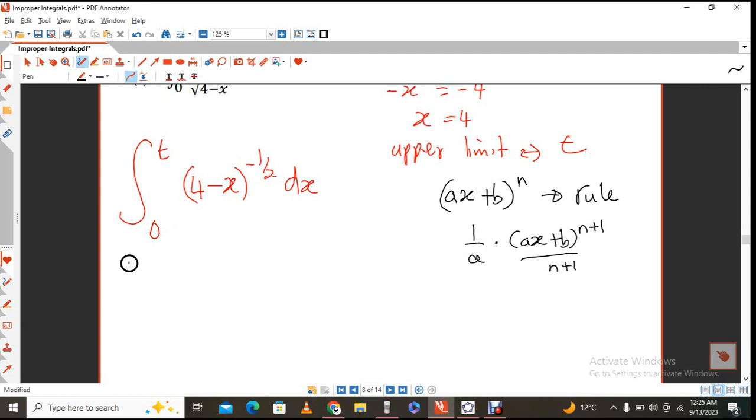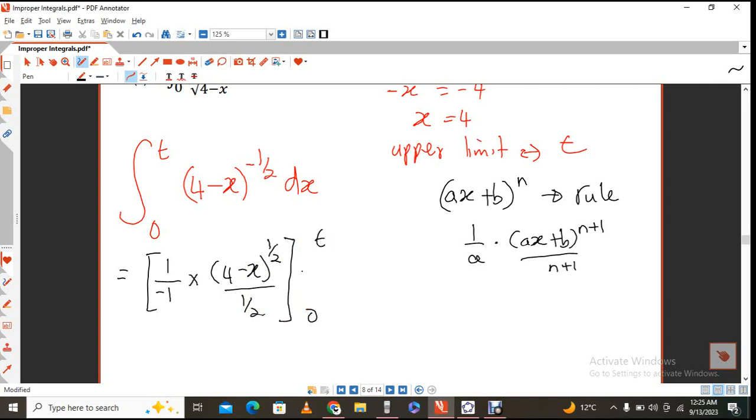So in this case, it's going to be 1 over negative 1 times 4 minus x, adding 1 there, that makes it just a half, and then you're going to divide there also by a half. And obviously this is from 0 up to t.